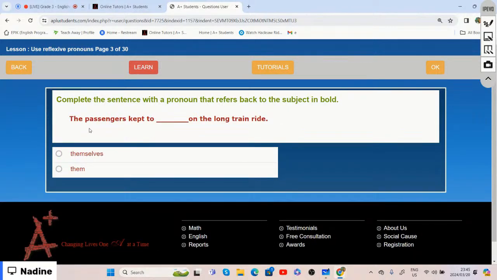The passengers. Passengers refers to more than one, right? So our answer is going to end in selves.